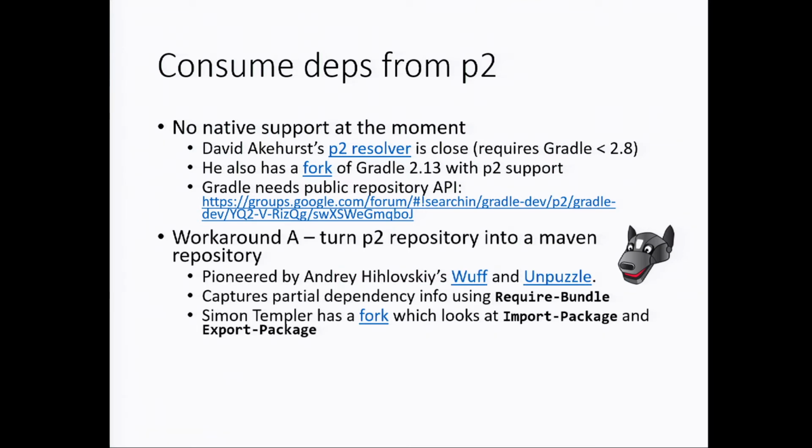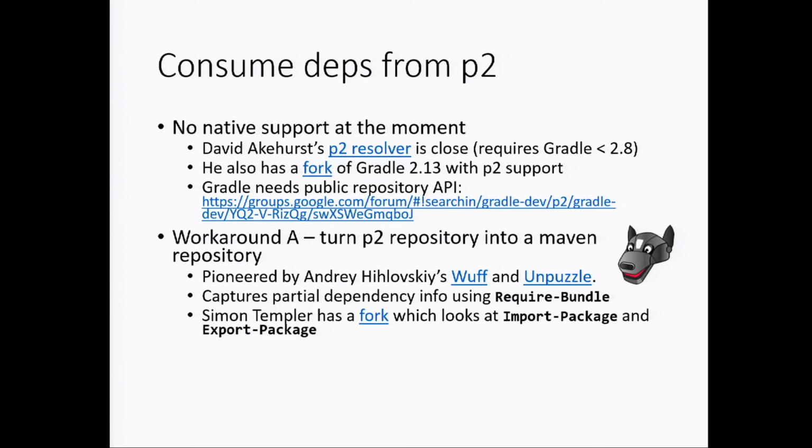Luckily, there are workarounds. So workaround A, the first one, is to turn a P2 repository into a Maven repository. And this was pioneered by Andre Hilovsky's plugins. One's called Woof and one's called Unpuzzle. And huge credit to Andre. He really broke ground in building the first plugins that made Eclipse development work in the Gradle ecosystem.